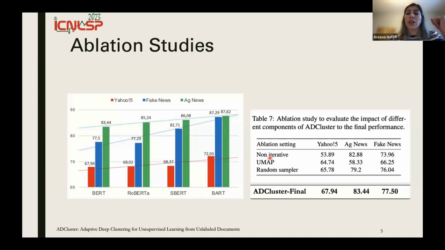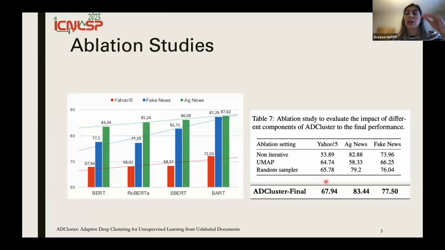We also implemented a non-iterative version of our model, so we just have one iteration in this implementation. We used UMAP dimension reduction instead of PCA, and also we used a random sampler instead of the uniform sampler that I explained before.